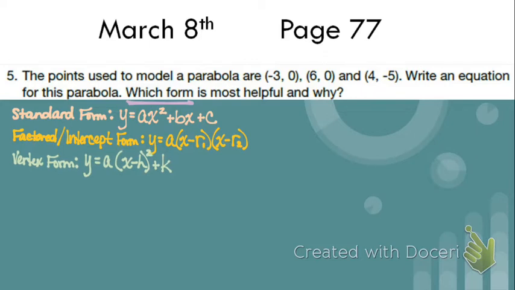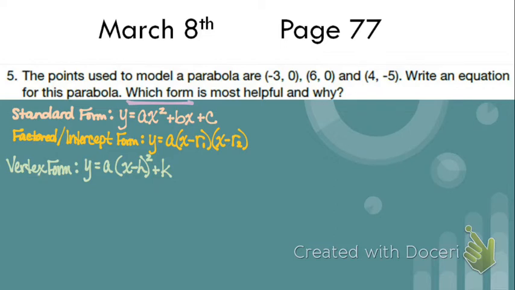Which of these three forms makes the most sense to use with the information that they gave us? I thought I heard somebody say it. Probably the vertex one? If I'm going to write something in vertex form, what would I want to see?